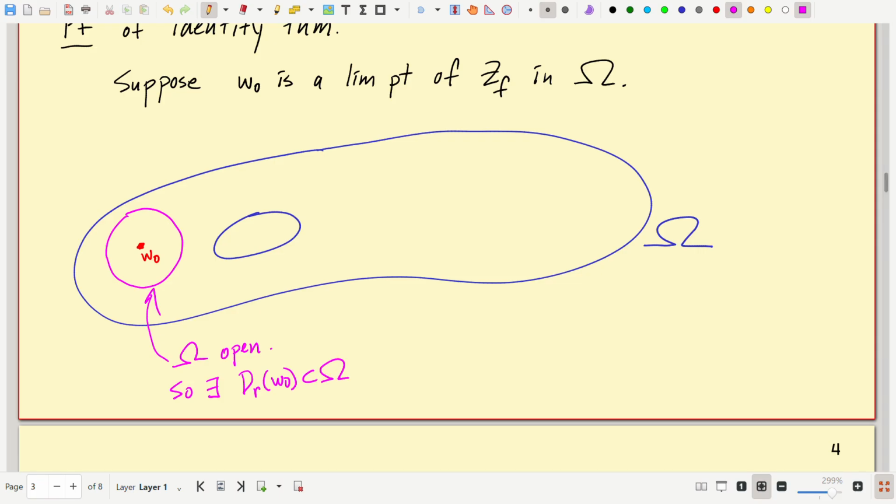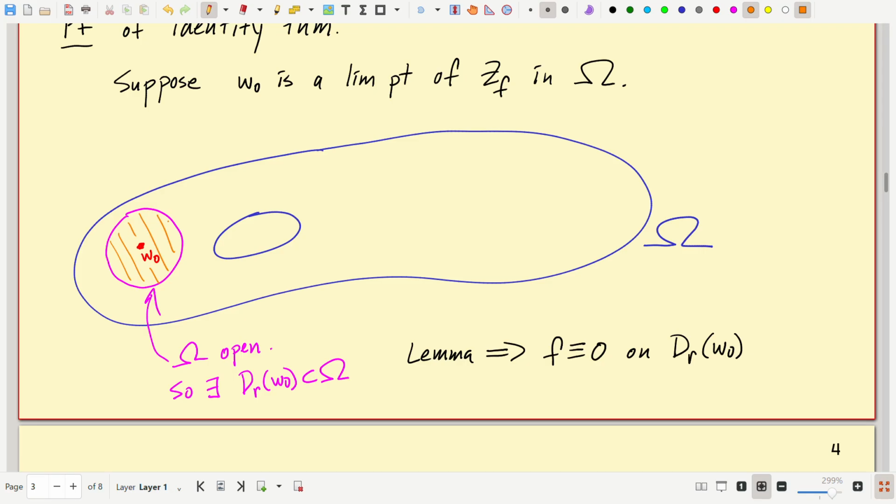And now the fact that the zeros pile up there, my lemma implies that my f would have to be identically 0 on that disk, because the power series would have to be the zero power series. Okay. So here I've got an analytic function that vanishes on this disk. That's going to mean it has to be zero on the whole region.